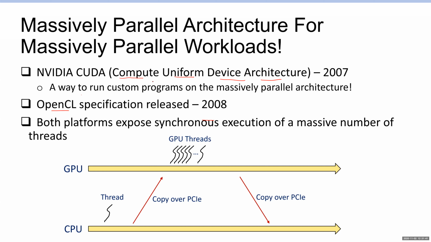What both CUDA and OpenCL do is allow you to copy your data to a GPU, and then the GPU will have hundreds or thousands of threads working simultaneously to compute the task.